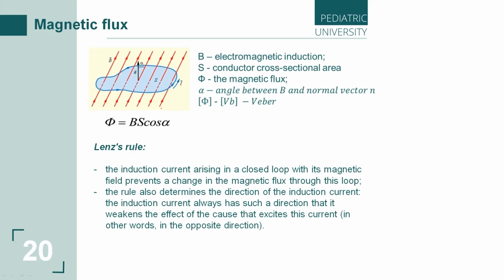And don't forget, I tell my students every time, everywhere, that electromagnetic induction is like a girl. I think boys understand me. That she, electromagnetic induction, always does everything the other way around, like a girl.